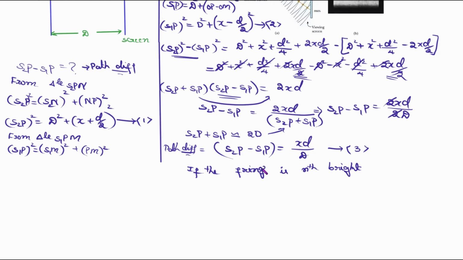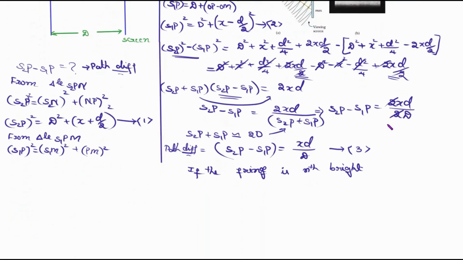When two waves with the phase overlap with each other. As I said, two waves overlap with each other with the phase, so the interference taking place will be constructive. In the previous video we already discussed what the path difference value and the phase difference value should be for constructive interference.